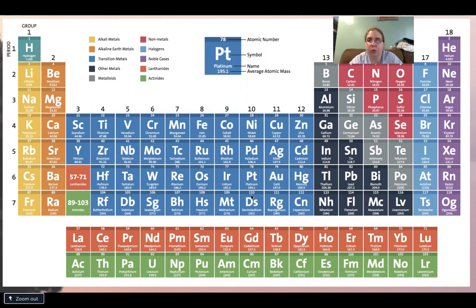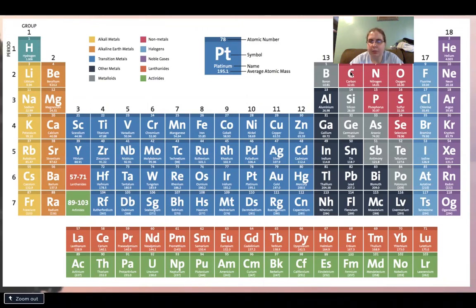You notice how this one is color coded, and that's because it's color coding different groups. So we have our alkali metals, the alkaline earth metals, transition metals, the other metals. These are the metalloids, also known as the semiconductors.